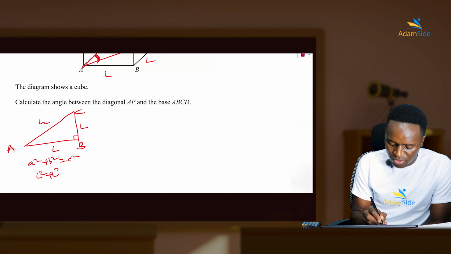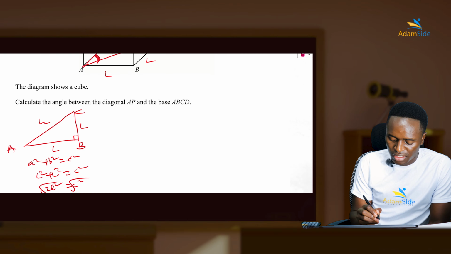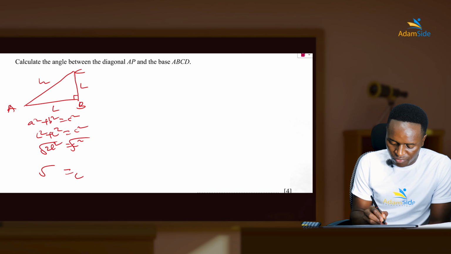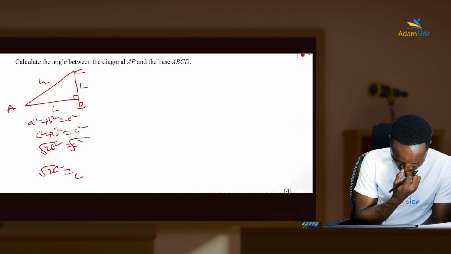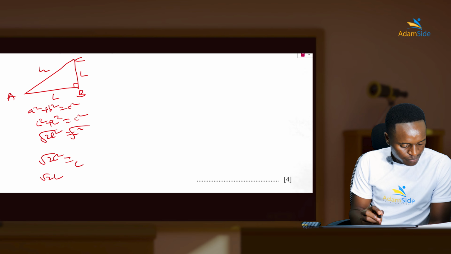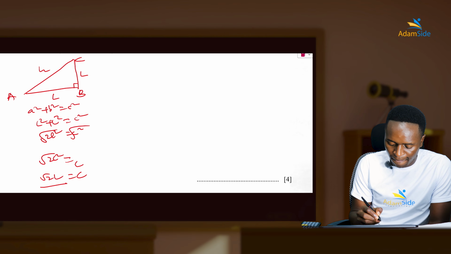Length squared plus length squared is equal to c squared. So c squared is 2 length squared. To get c, you find the square root. Therefore, c is the square root of 2 length squared, which is the same as square root 2 times length. This is the same as c.